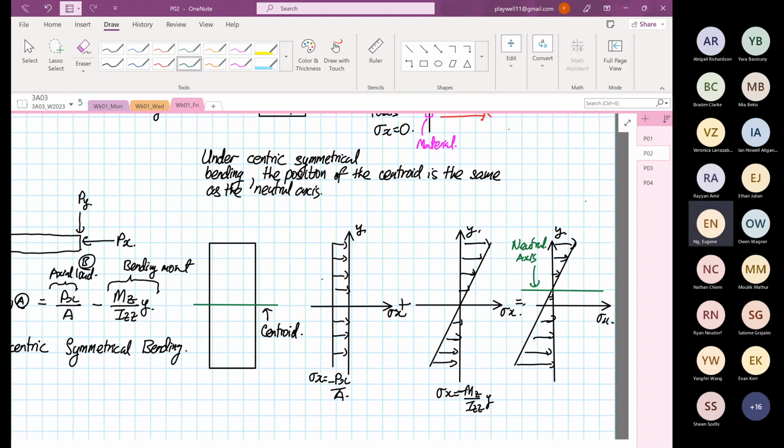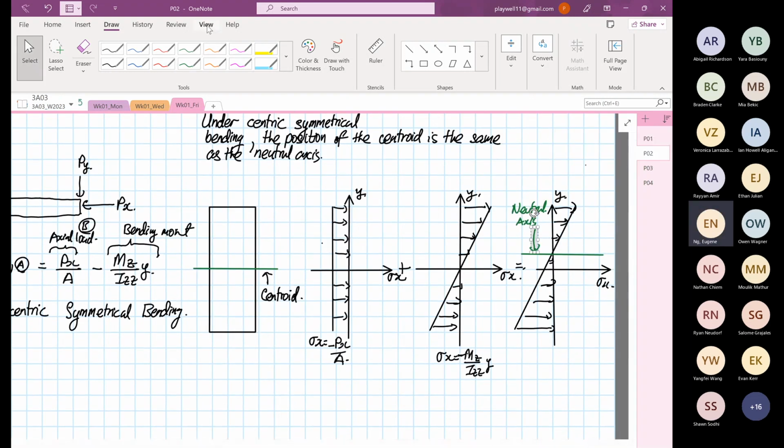So when this is the case, where it's eccentric, still symmetrical bending, I'm going to write this last sentence down.